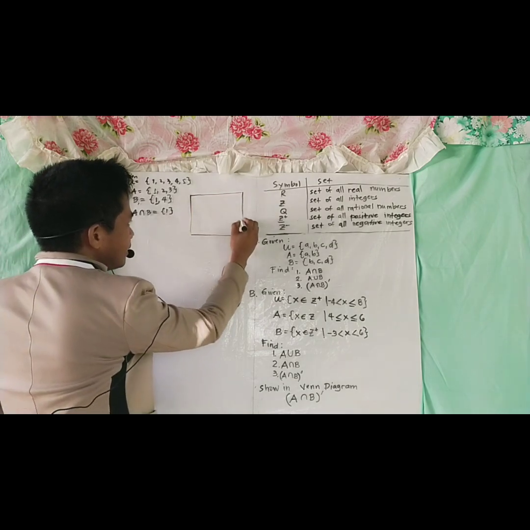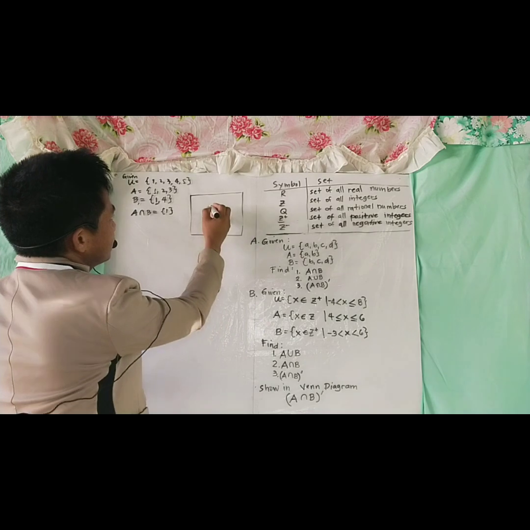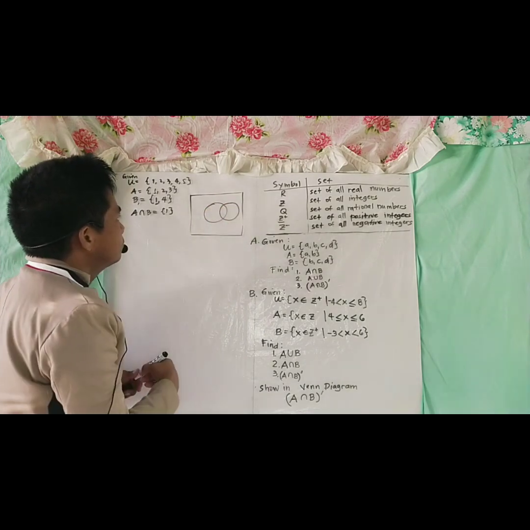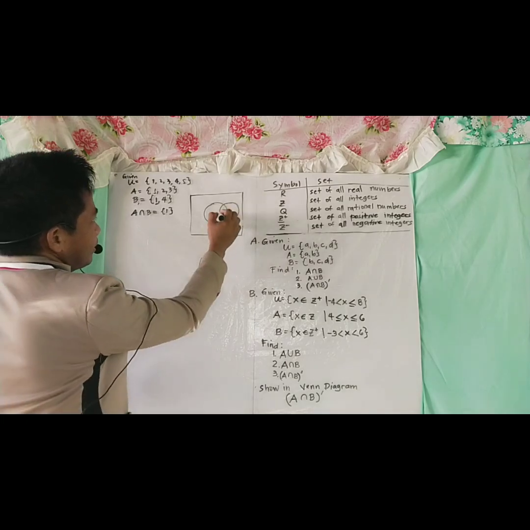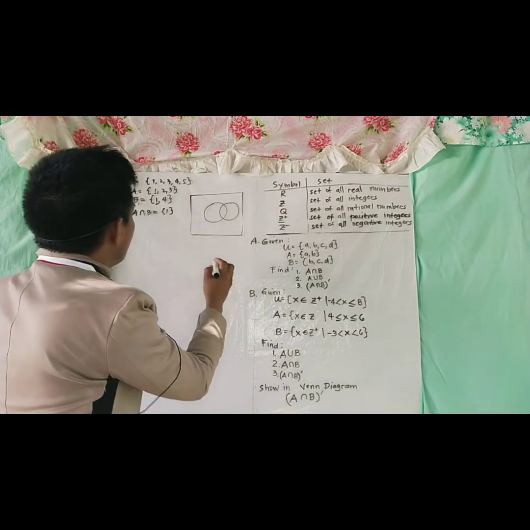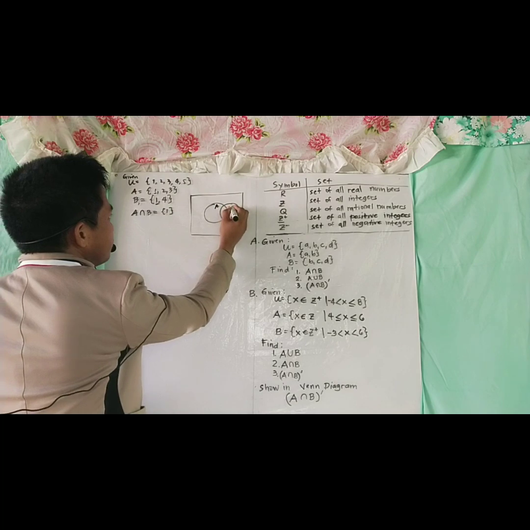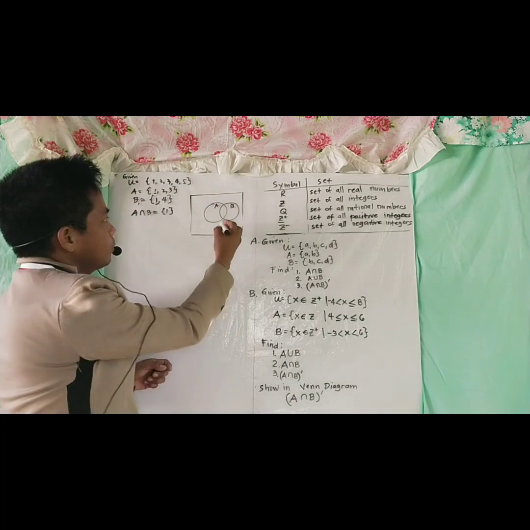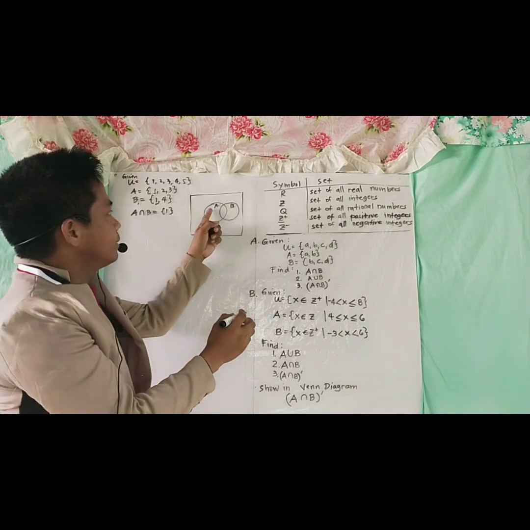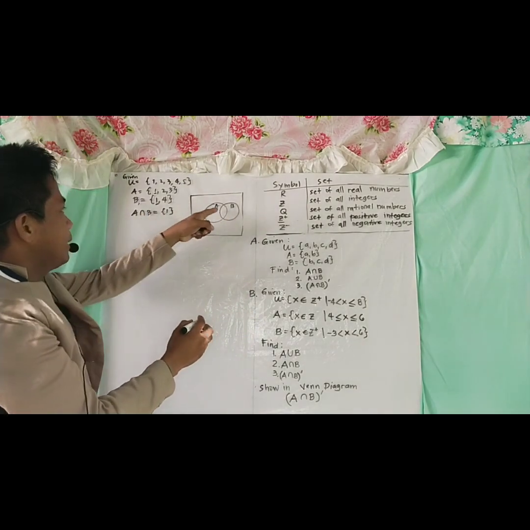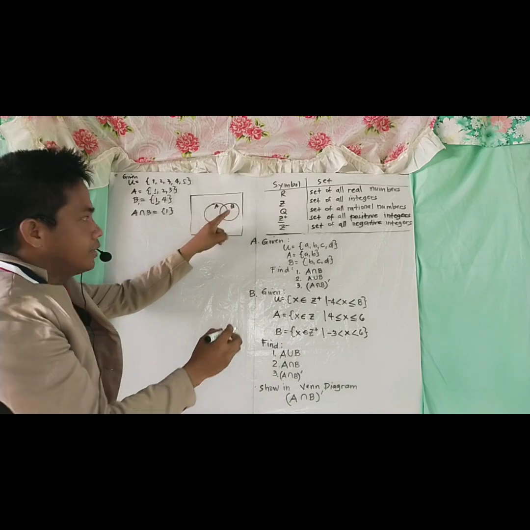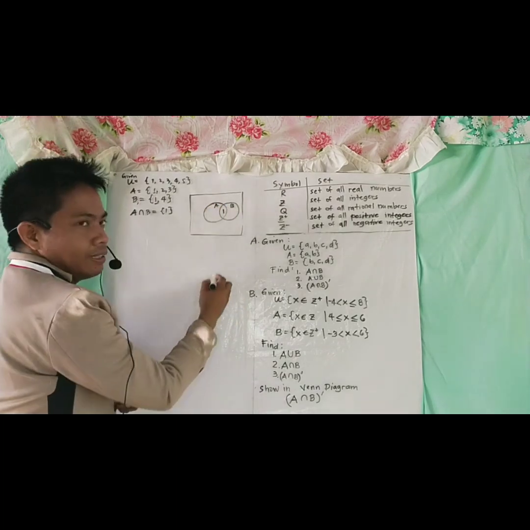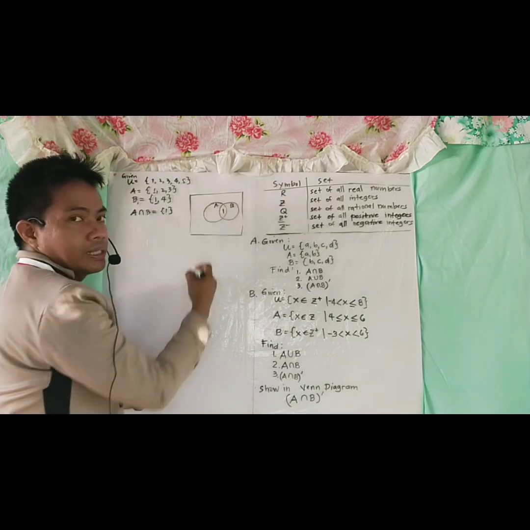Since there is an intersection, the two circles coincide with each other. We have the two circles intersect each other. So we have set A, set B. The circles are intersected. Now set A and set B, the common element is 1. 1 is a member of set A, at the same time a member of set B.